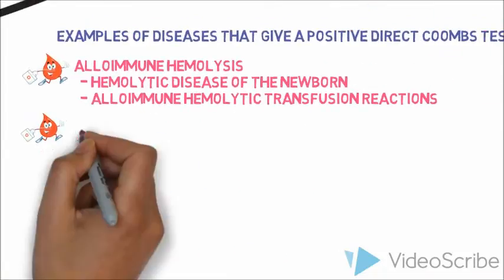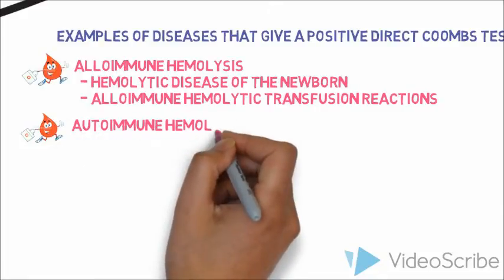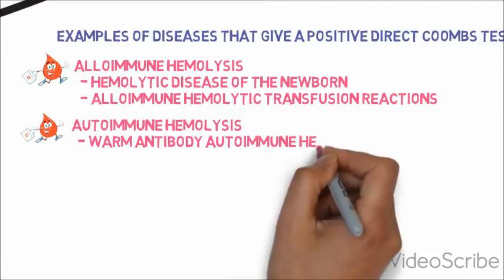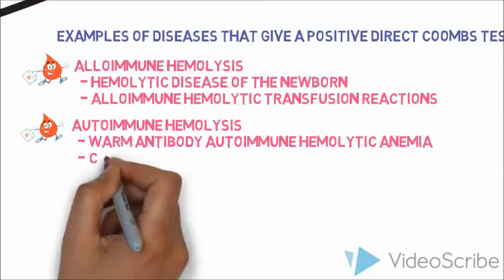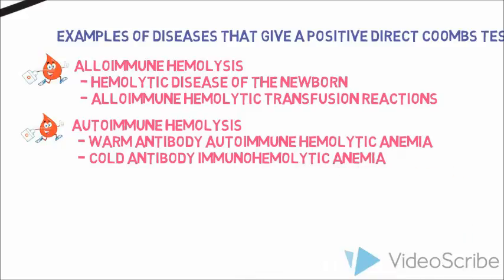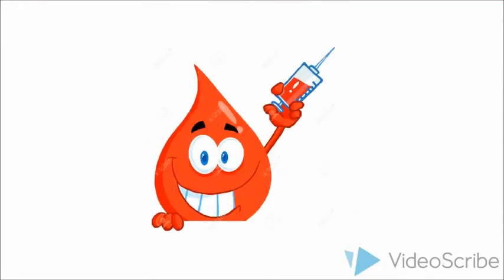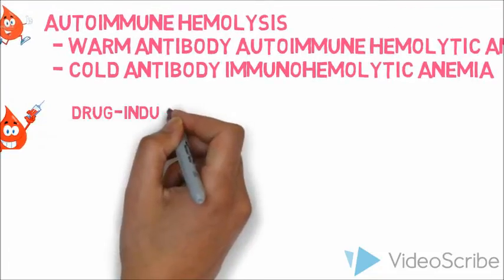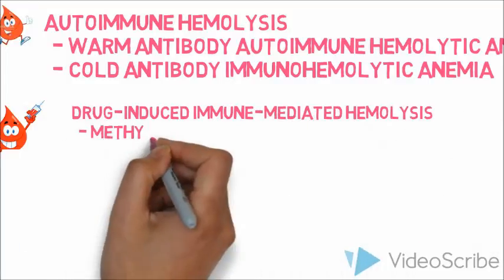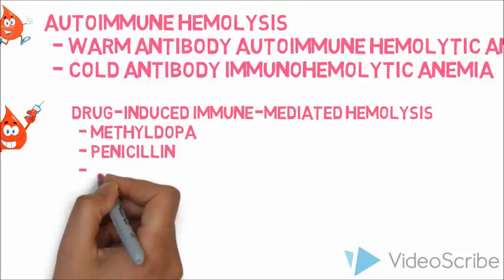The next one is autoimmune hemolysis, which includes warm antibody autoimmune hemolytic anemia and also cold antibody immunohemolytic anemia. The next one is drug-induced immune-mediated hemolysis, which includes methyldopa, penicillin, and quinidine.